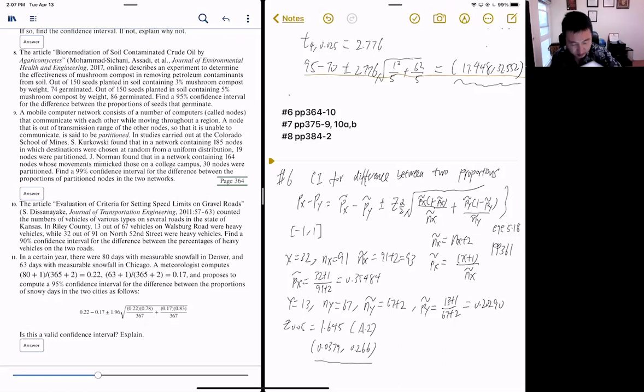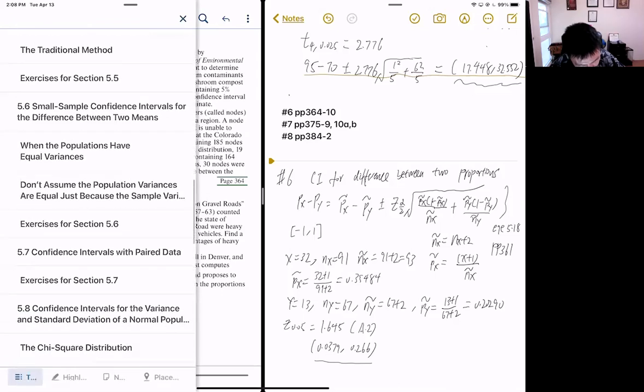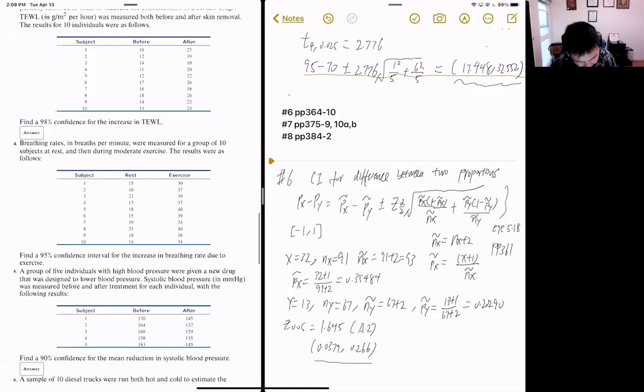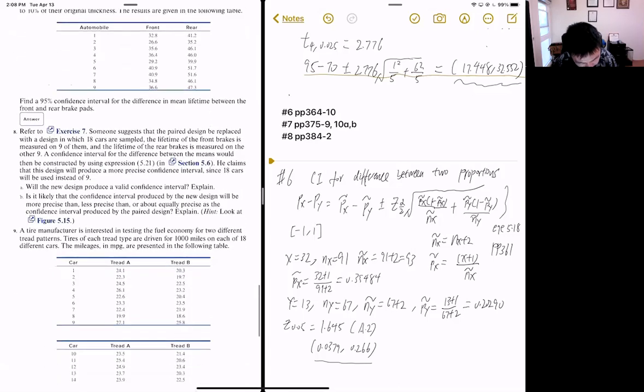Next, page 375, question number 9. That is from section 5.7, I think, paired data.